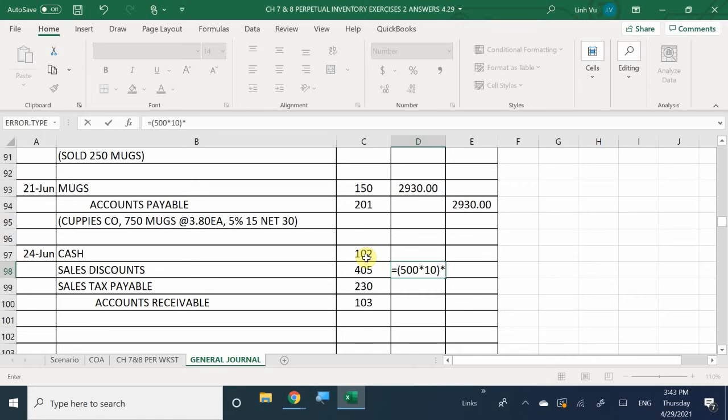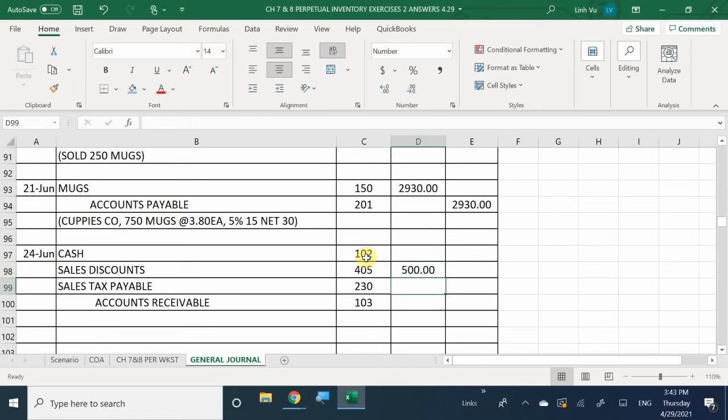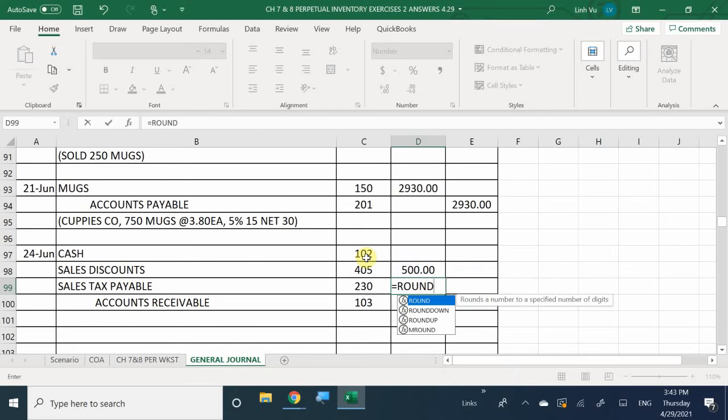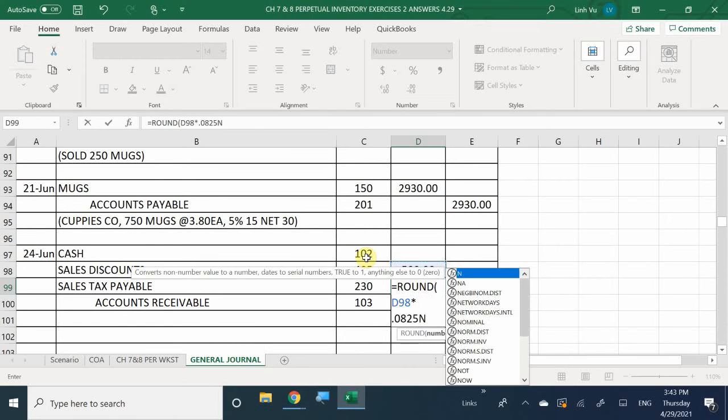So what's 10% of $5,000? 500. Exactly $500. Because we're giving him a discount for the $500, how much of the tax money do we have to also refund him? $41.25.